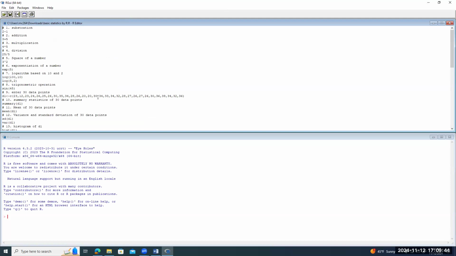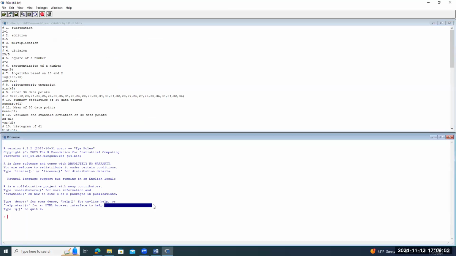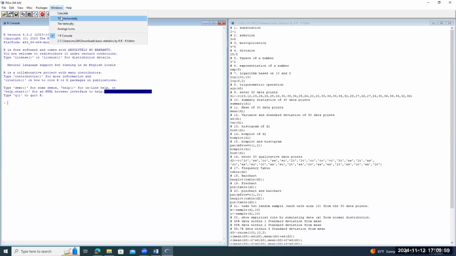Okay. Did you get similar thing like this horizontally or vertically? You got it? Windows, tile horizontally or vertically. I can do vertically or I can do horizontally.